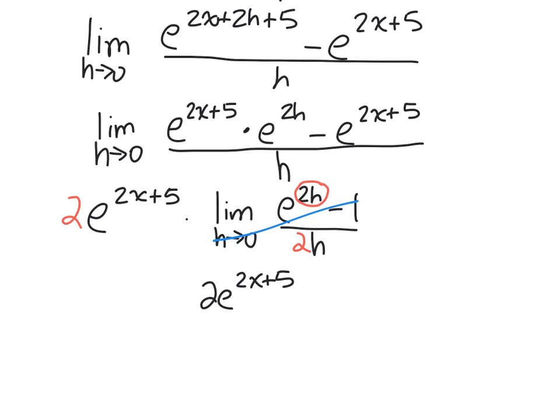Is that my final answer? No. What do I need? The 4. Bring that back in. So I get 8 e to the 2x plus 5. Now, as far as notation is concerned, we started off originally with f of x, so f prime of x.